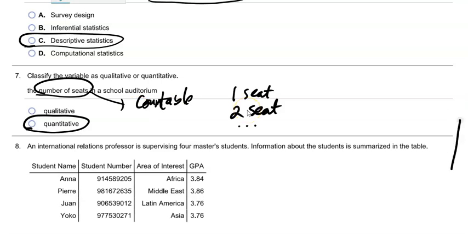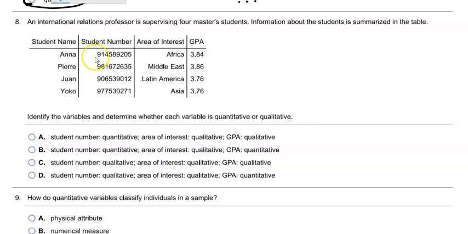Number 8. In this question, there is a table with the student's name, their student number, their area of interest, and their GPA. You have to find what the variables are here, and also the type of the variables.